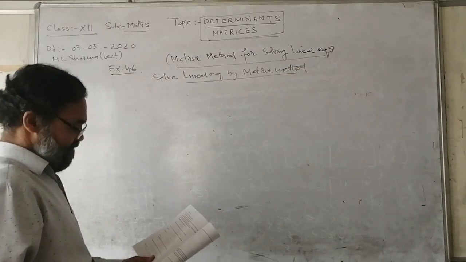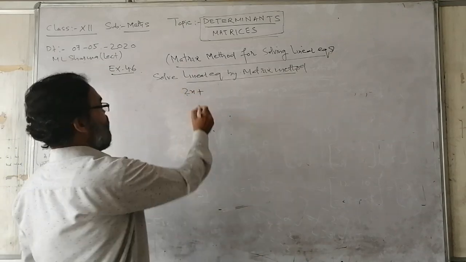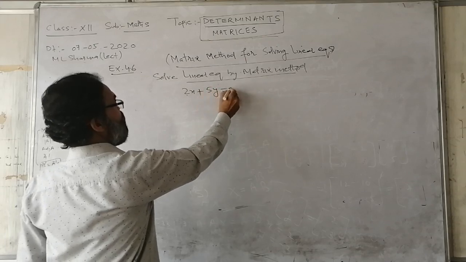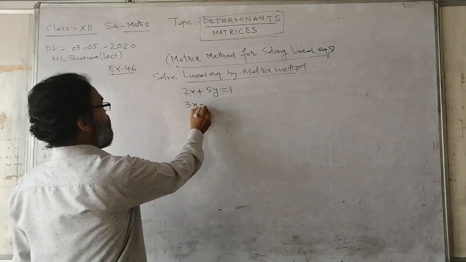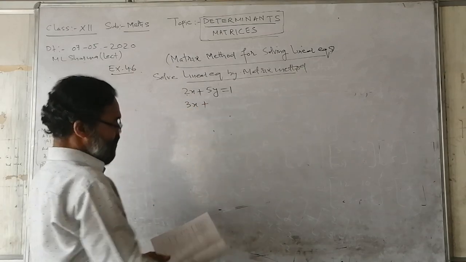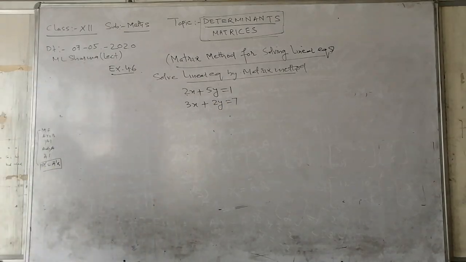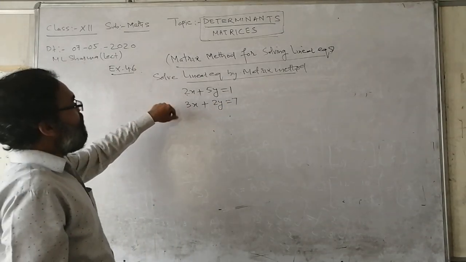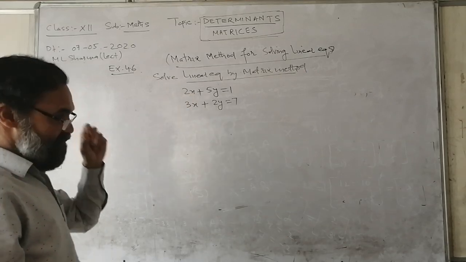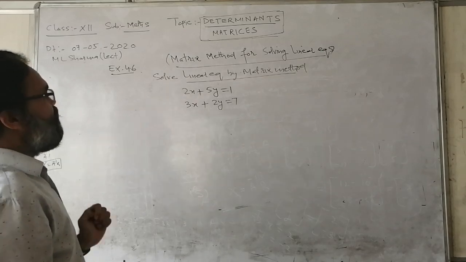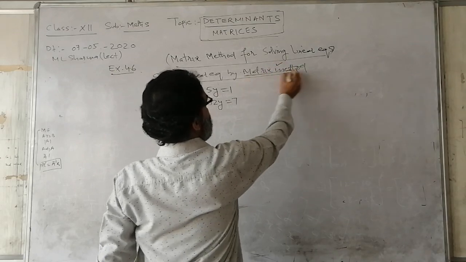The equations are given as 2x plus 5y equals 1. This is the first equation. The second is 3x plus 2y equals 7. So this is a pair of linear equations in two variables, and we have to find the values of x and y by this method.